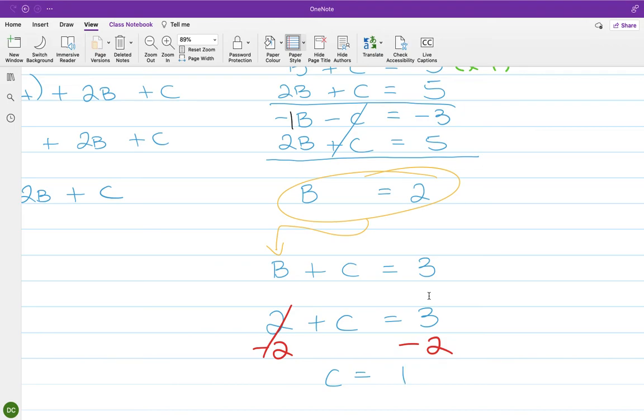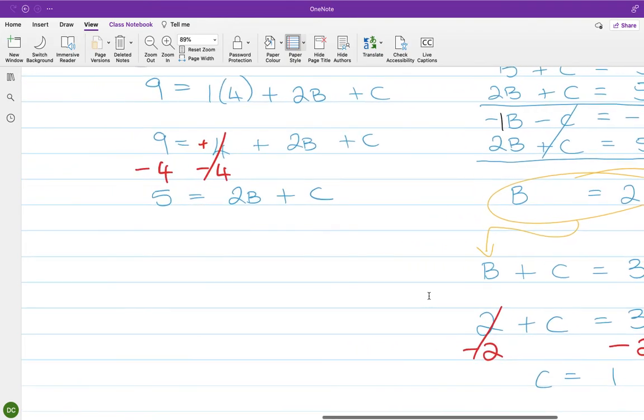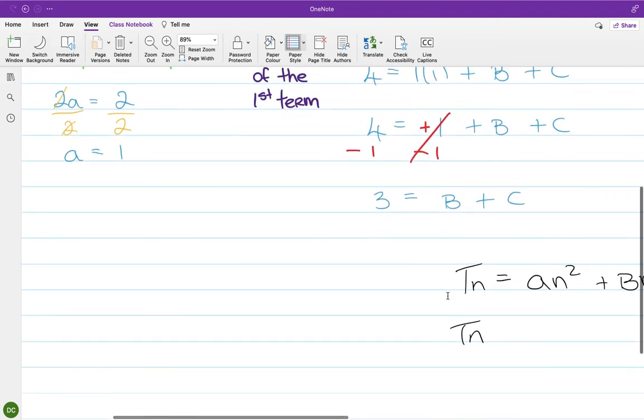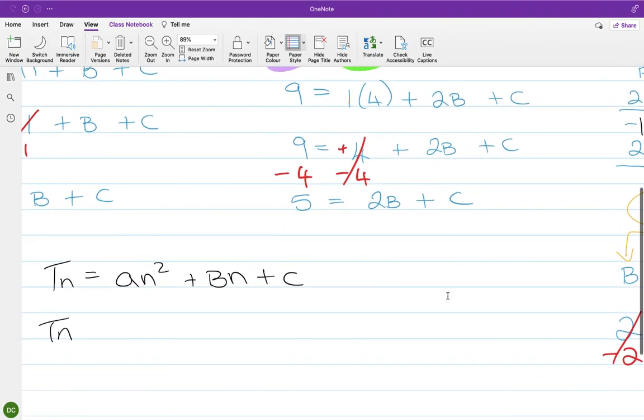Okay, so I'm going to put my final answer in. I have Tn equals, oh, there, sorry. So what I was trying to fill in was an squared plus bn plus c. I got a at the beginning to be 1, so 1n squared.